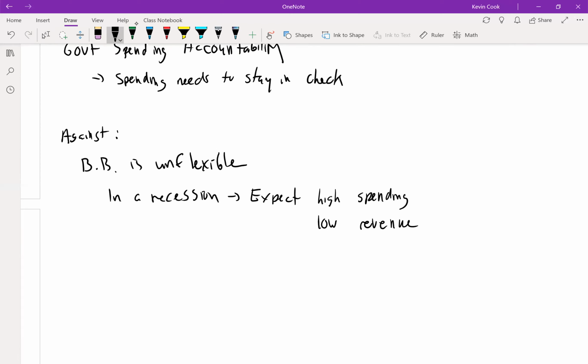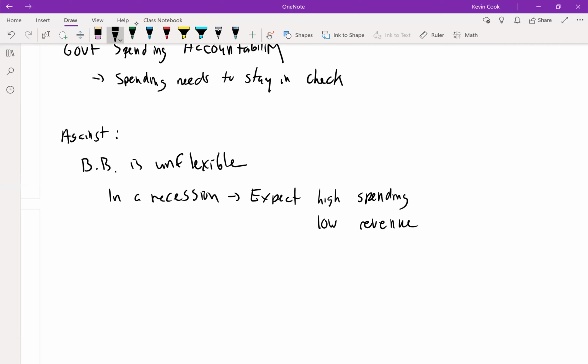What this means is that during a recession, I as the government may spend the same amount or more, but I'm not necessarily going to have as much revenue coming in, because if people aren't working, then they're not paying income taxes and so on. So we have high spending and low revenue.